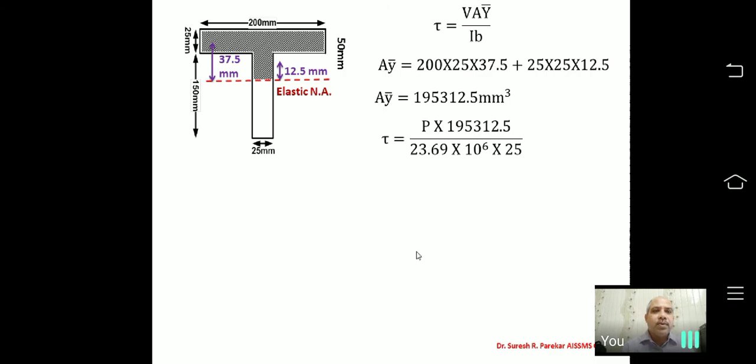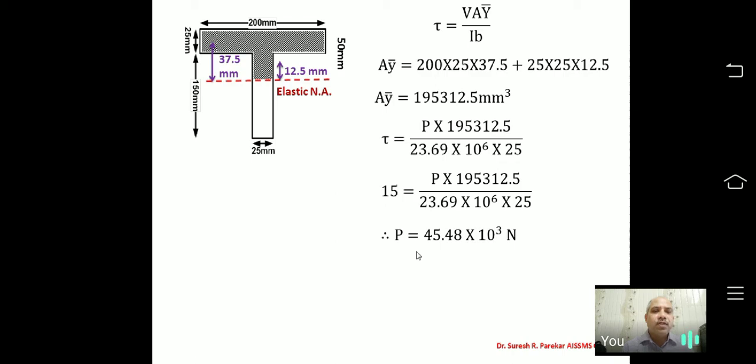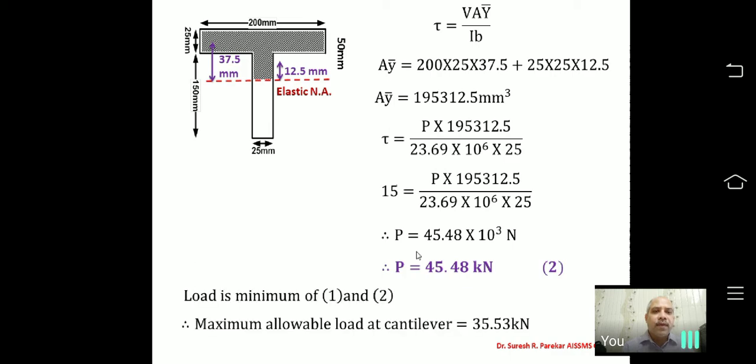Now substitute values and then you will get value of P, which is 45.48 into 10 raised to 3 Newton. Now in the first, we have value as 35.53, and we have to take that value, which will be my load, and that gives me value of P 35.53 kilonewtons.